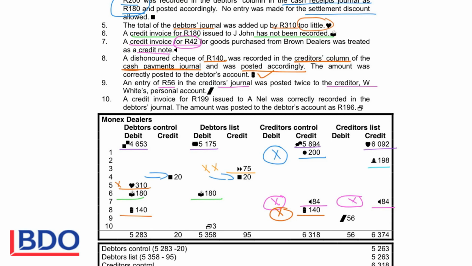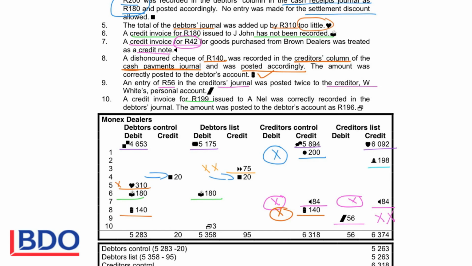If we buy goods and it comes from the creditor's journal, it means that we recorded it twice in the person's account on the credit side. I just want the figure once on the credit side, so to correct this mistake, I will debit my creditors list with 56 Rand.